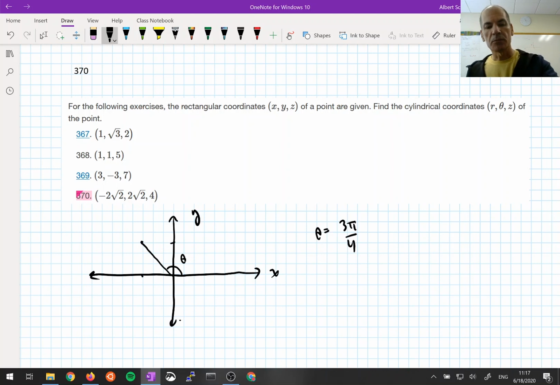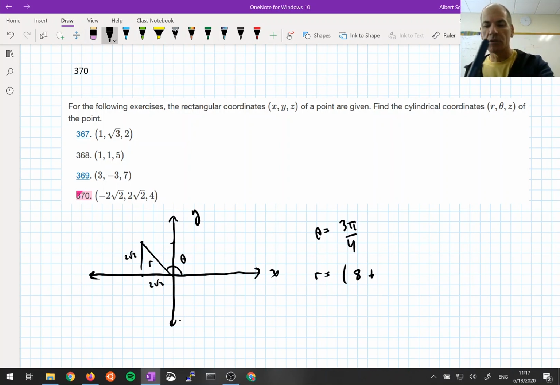What's the distance from the origin? What's r? Well, we know x, we know y. You use the Pythagorean theorem to figure this out. So we know that this distance is 2 root 2. We know this distance is 2 root 2. Square those, add, take the square root. r is equal to, what do you get when you square 2 root 2? You get 4 times 2, 8.